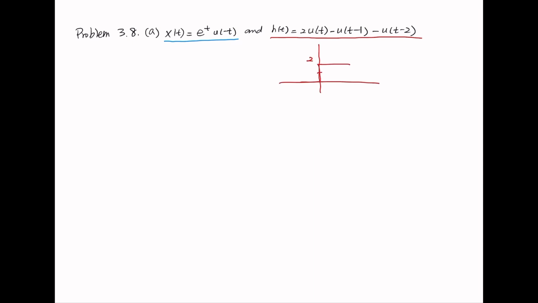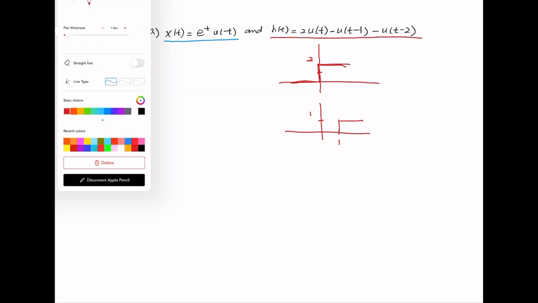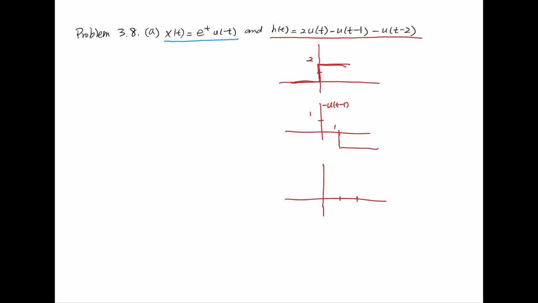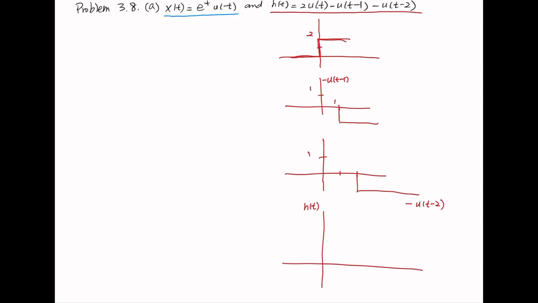2u(t) is this, and then u(t-1) is this, where it's 1, but now it is a negative u(t-1). Then for u(t-2), we want to do negative u(t-2). For h(t), we have all 0 and then we go to 2.